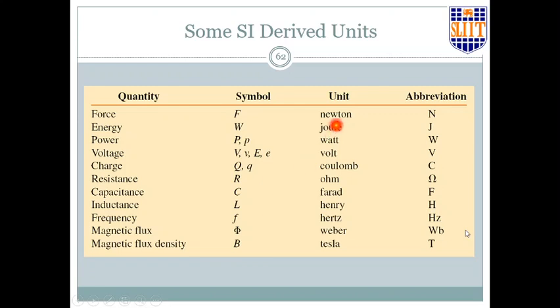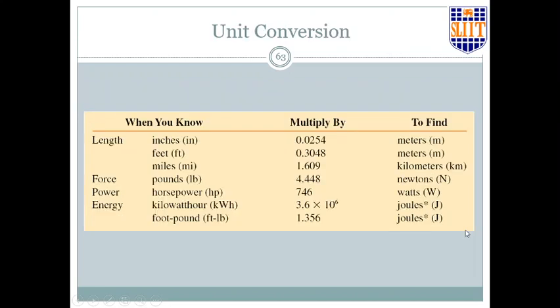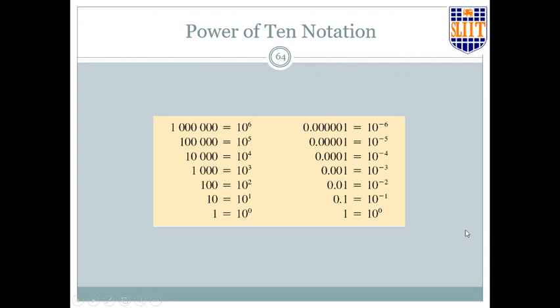And the derived units, for example, force, Newton, is kg m s minus 2. Right? So they are derived units. And unit conversions, imperial to SI and vice versa, Fahrenheit to Celsius, both to Kelvin and whatever.